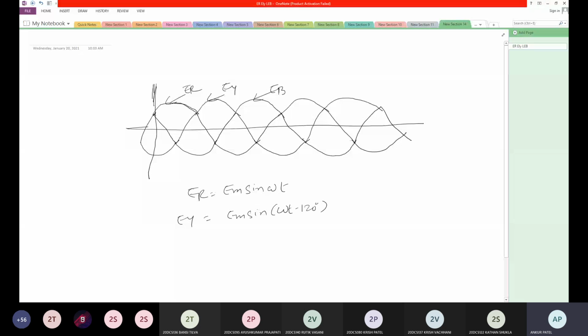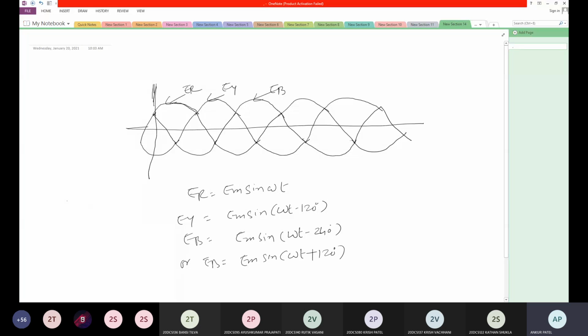It attains its maximum value after 120 degrees. And EB is equal to EM sine omega t minus 240 degrees, or for EB, I can write EM sine omega t plus 120.